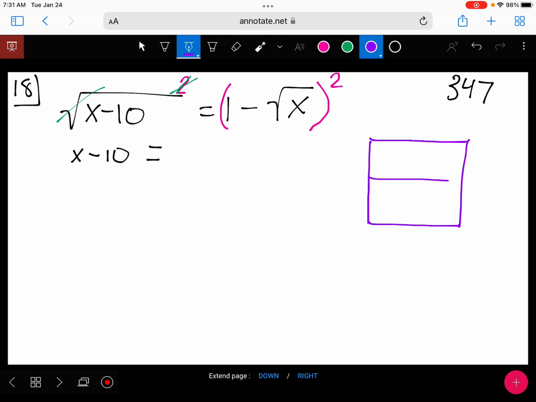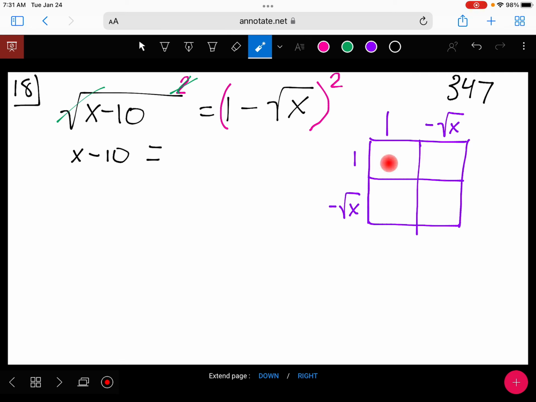When we say square the side, what that means is we are going to square 1 minus the square root of x times 1 minus the square root of x. We have to multiply all the pieces. So we're going to have, in this box, we have 1 times 1.